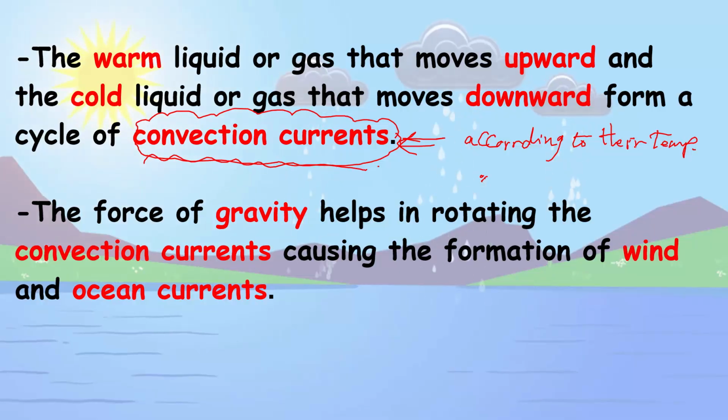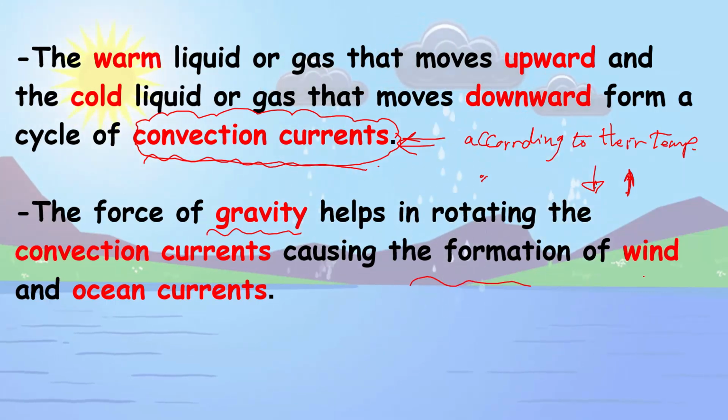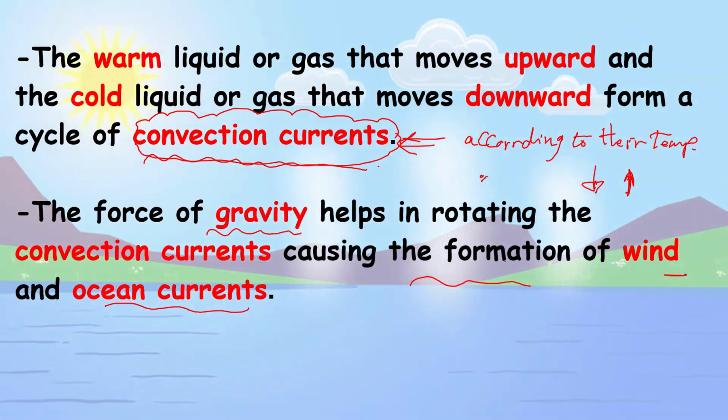If the temperature is high or it gains heat, it moves upward. When the temperature goes down and it becomes colder, it moves downward. The force of gravity helps in rotating the convection current, causing the formation of wind and ocean currents. So, wind and ocean currents are produced according to gravity acting on the convection current.